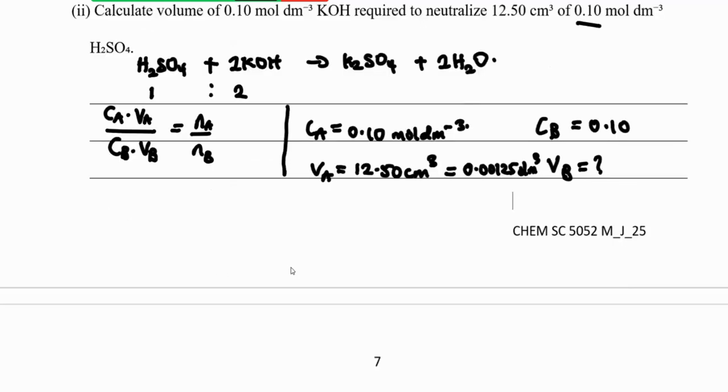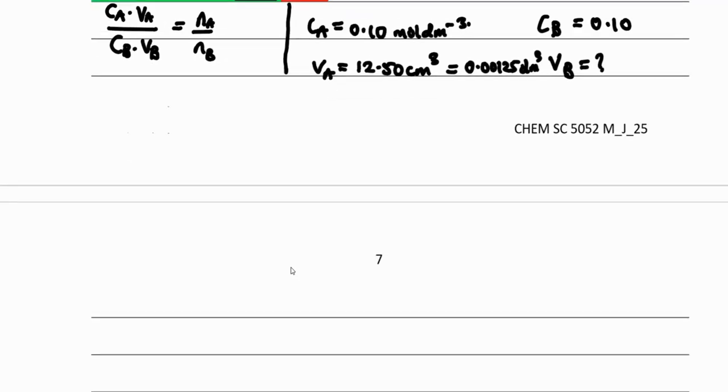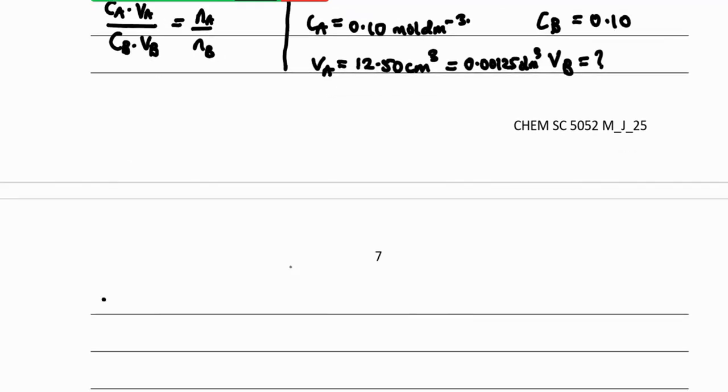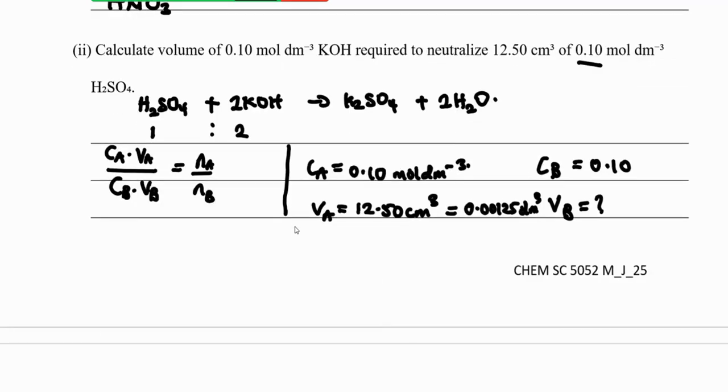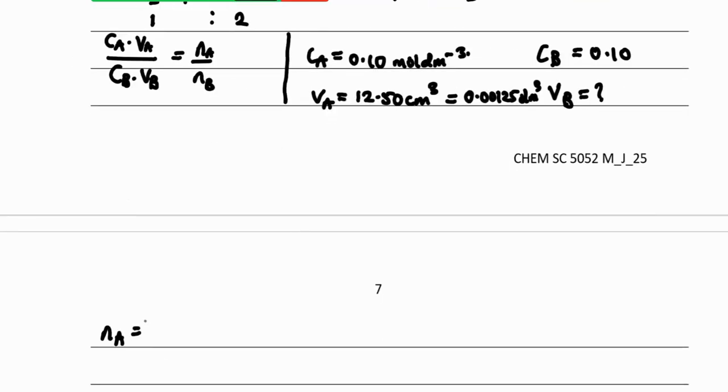Now, number of mole of acid and number of mole of base. Number of mole of acid, are we given it in the question? No, but we can find it because number of mole is equal to concentration of acid times volume of acid. So this would be concentration of acid, 0.10, times volume of acid, 0.00125.